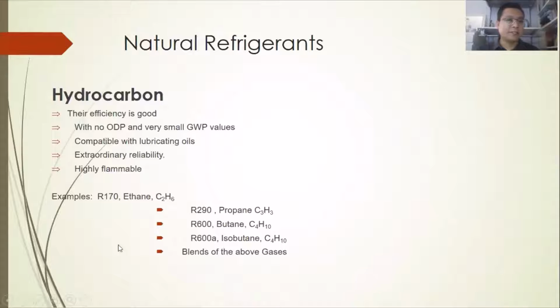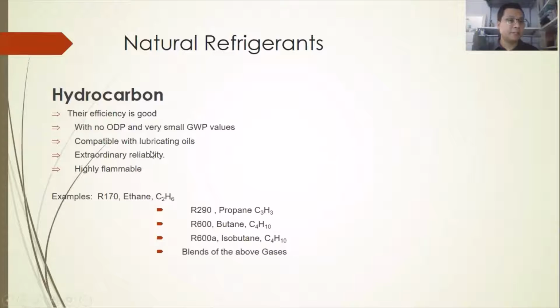What are the specifications of the hydrocarbons? They have good efficiency, with no ODP or very small global warming potential value, very low. So this is actually what we want given our issue now with global warming.